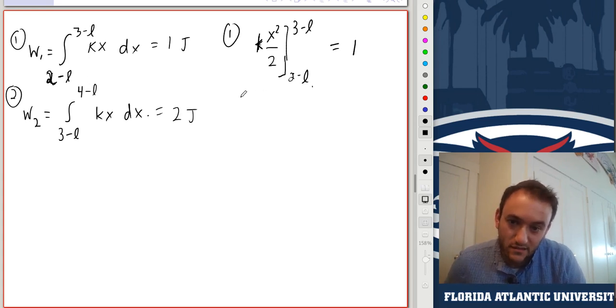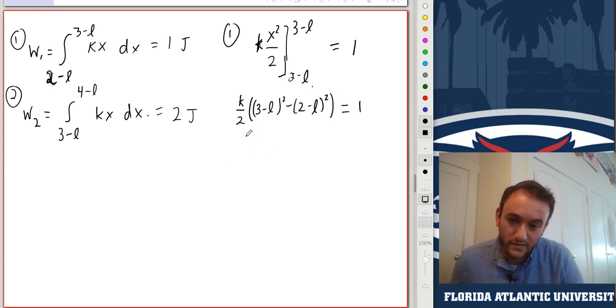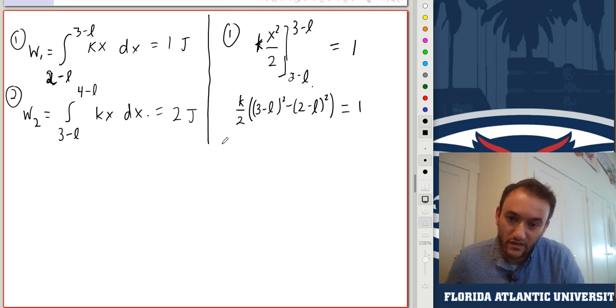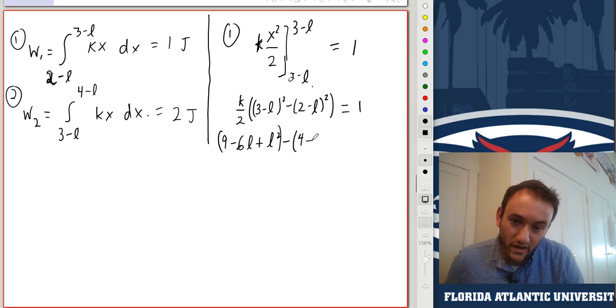So that means that k over 2 times (3 minus L) squared minus (2 minus L) squared equals 1. Okay, simplifying, we'll bring the 2 over k to the other side, and then we have 9 minus 6L plus L squared minus 4 minus 4L plus L squared equals 2 over k.